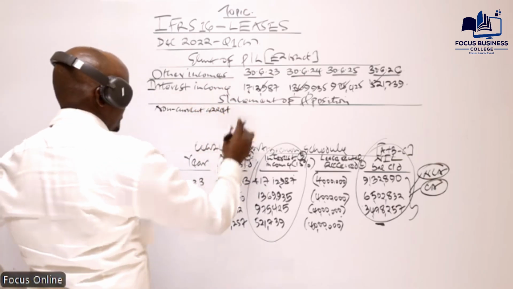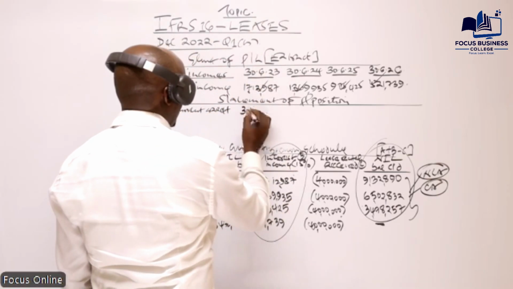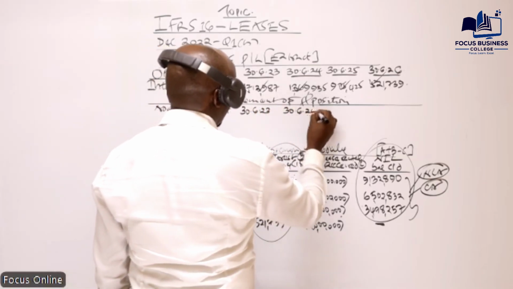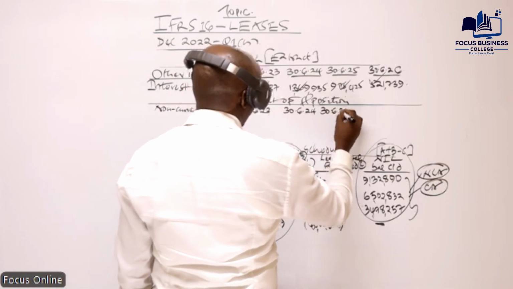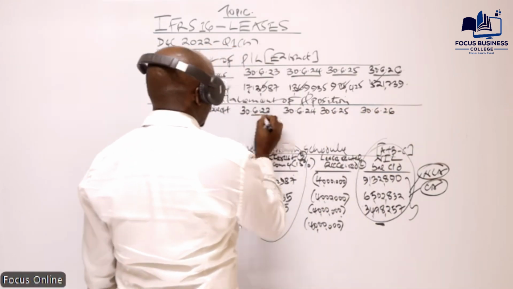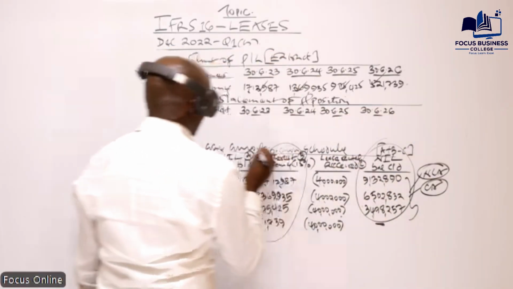As a non-current asset, remember we should have 4 years: year ended June 2023, June 2024, June 2025, June 2026.